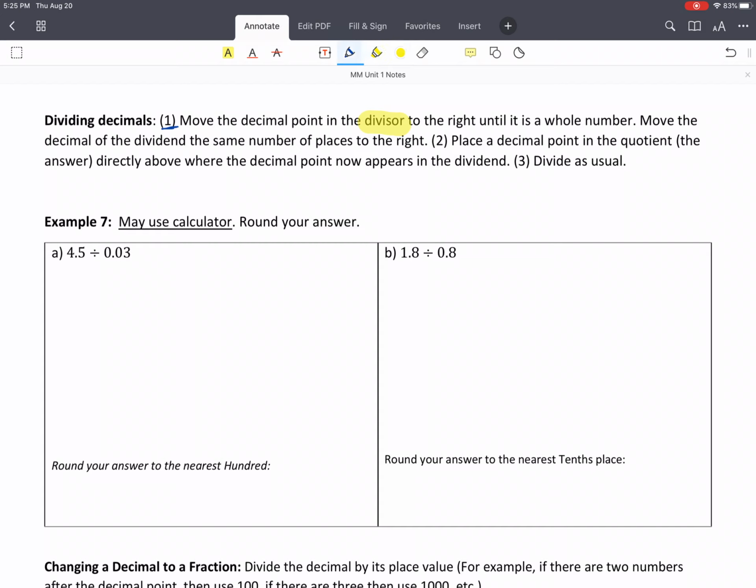So what the divisor is, is basically whatever number is doing the dividing. So like 4.5 divided by 0.03, this 0.03 will be the divisor. Okay, so this is doing the dividing.